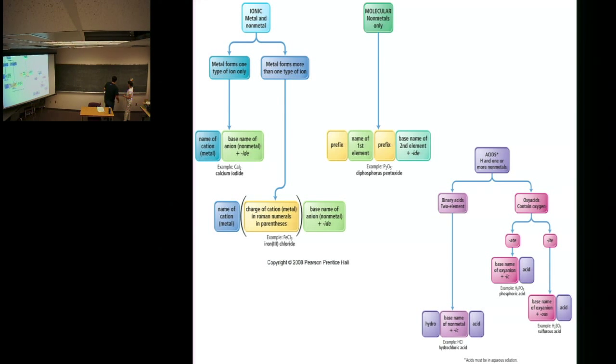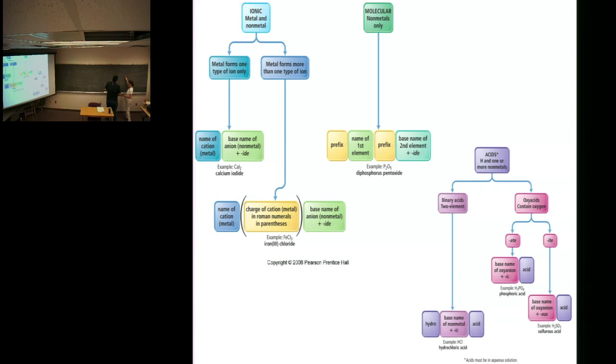Okay? Does that make sense? But I thought it was... It's an acid, right? It's not a binary acid, is it? No. So you're only left with ite goes to ous and ate goes to ic. So that's how you would name it. You would just change the ending. What's the name of this polyatomic ion? Ends in ite.